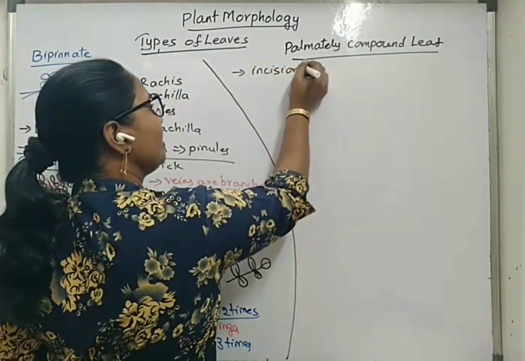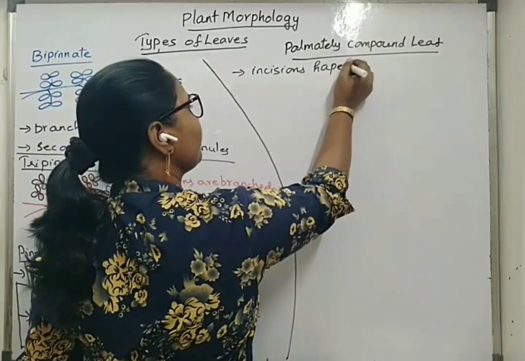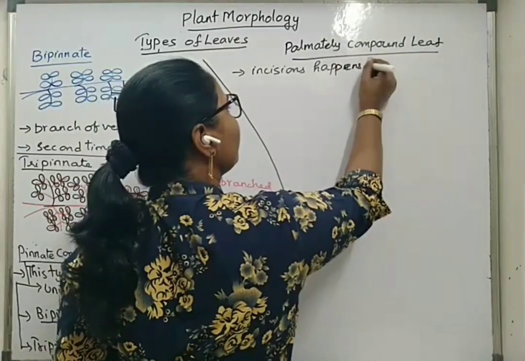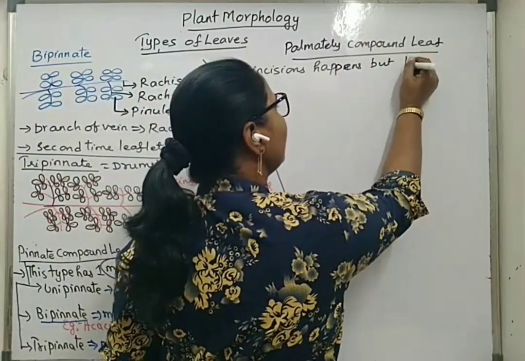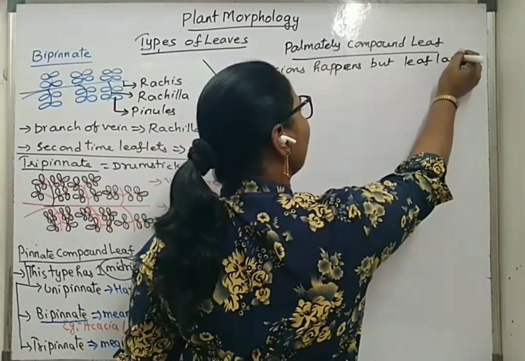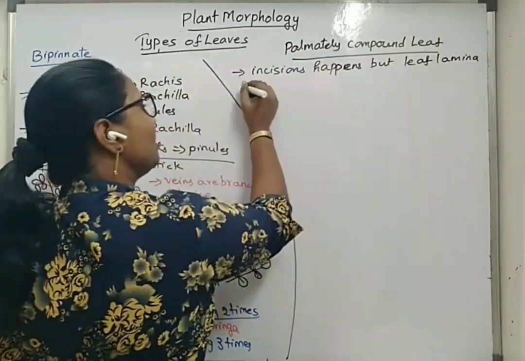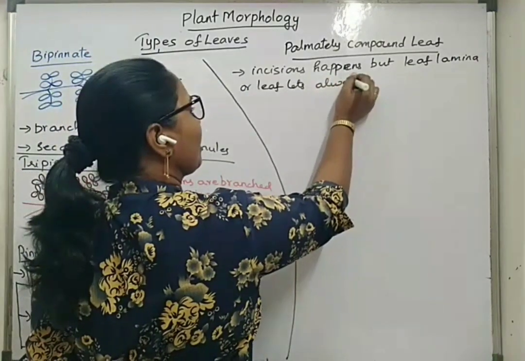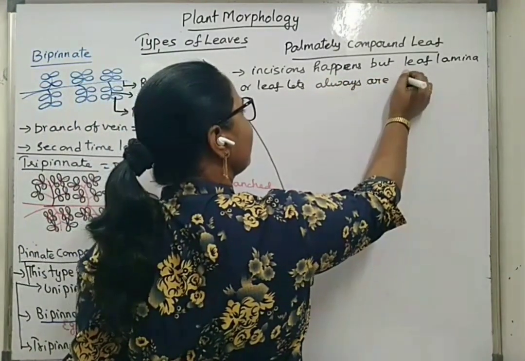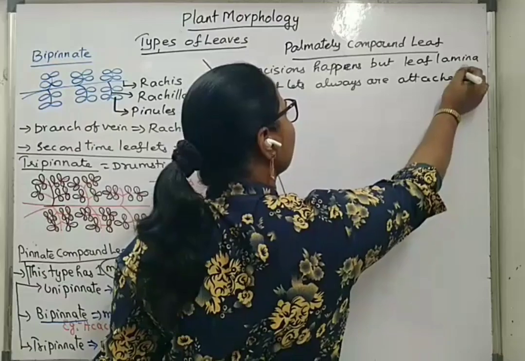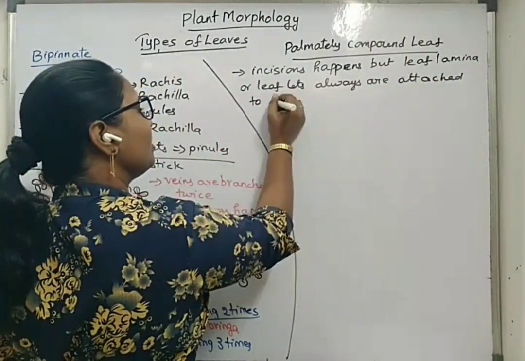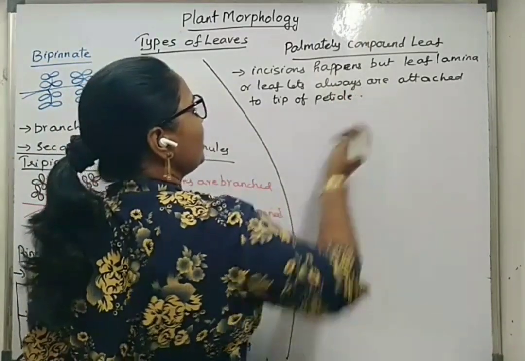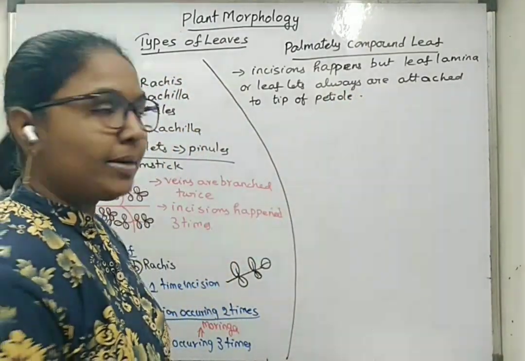Incisions happen, but the leaf lamina or leaflets are always attached to the tip of the petiole. How this happens, we will see in a diagrammatic form.